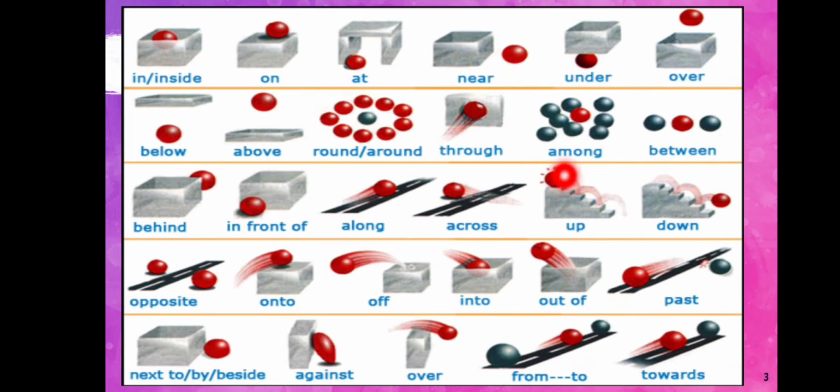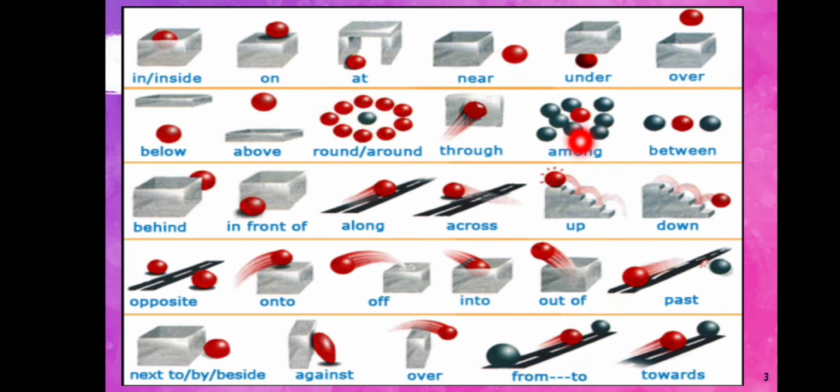Now let us see the next picture. Now the red ball is among the black balls. When more than two balls are there, you can say it is among. If the red ball is between two black balls, you have to use between.